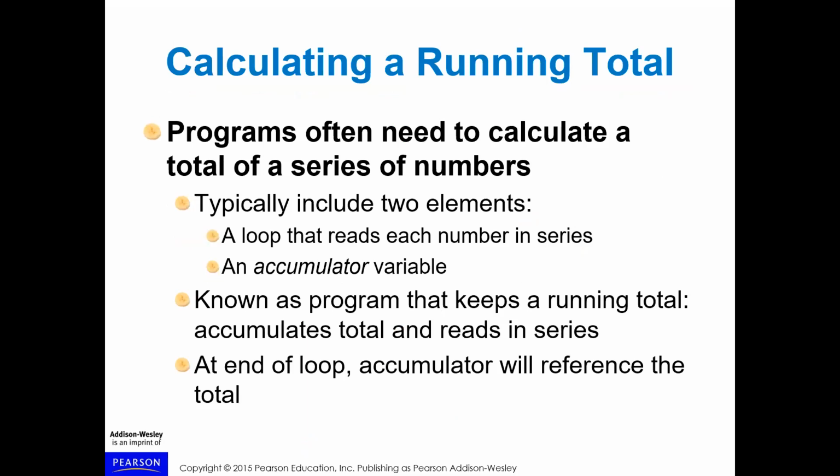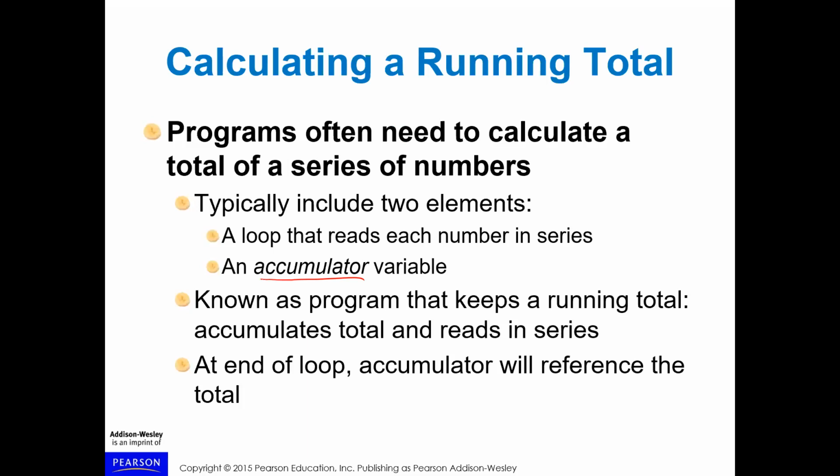Calculating a running total. So we talked about this. We introduced the word accumulator. And we also did an example of this, I think, where we combine reading in values, stopping at a negative value, but also taking, I think it was a cash register, and we had receipts. So we have a whole bunch of receipts from a cash register, and you were just entering those into your system.